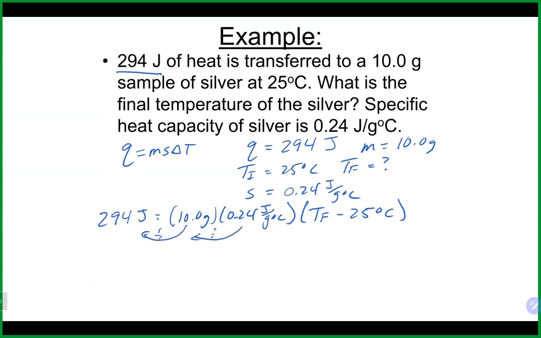Basically, both of those numbers, we're going to divide to the other side. When we do so, grams go away, by the way, joules will go away as well. That will leave us Celsius that will flip up to the top there. And if we do that, 294 divided by 10 and divided by 0.24 gets us 122.5 degrees Celsius equals our final temperature minus 25 degrees Celsius.